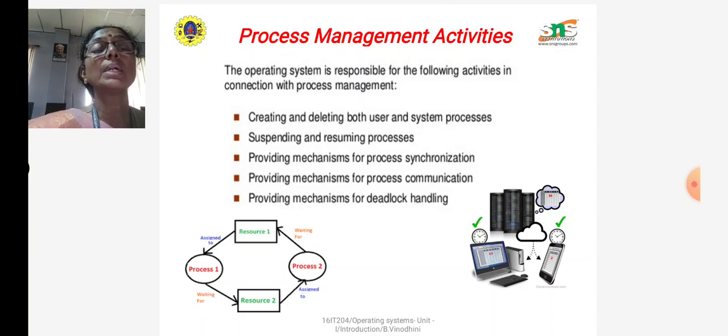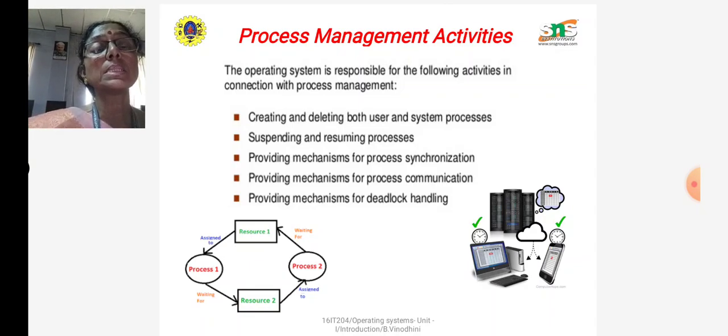Next we have mechanisms for process communication. There are two types of process: cooperating processes and individual processes. Individual processes do not require any communication, but cooperating processes require communication mechanisms to communicate between the processes. Those mechanisms are also provided by the operating system.